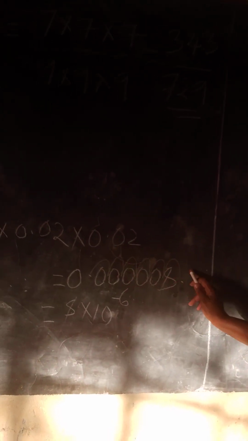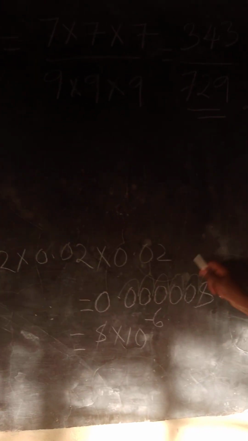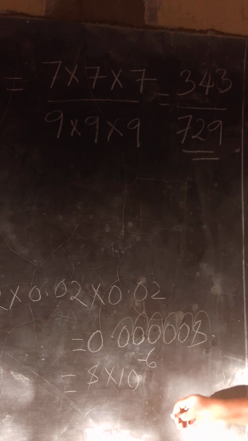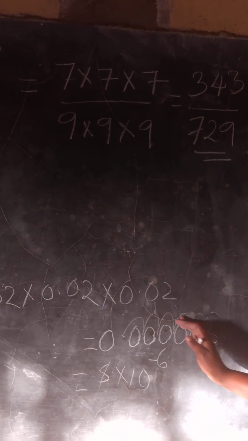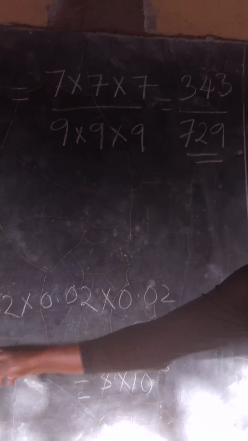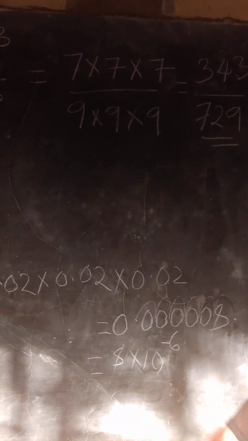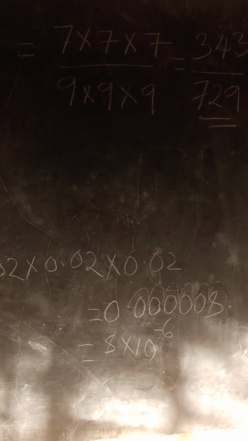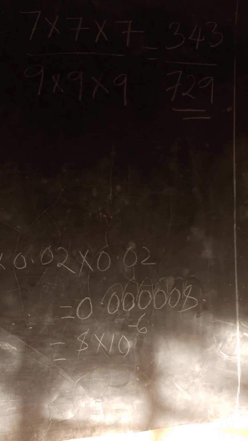When we move forward, the power is negative. When we move backward, the power is positive. So that is it about the cube of that number. You can write the number as standard form or as the decimal. Then the last question.